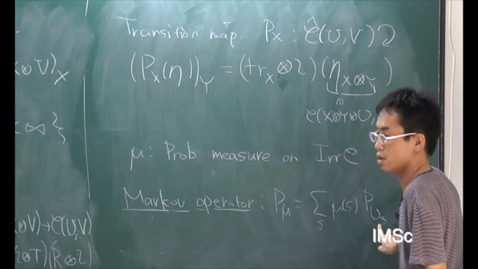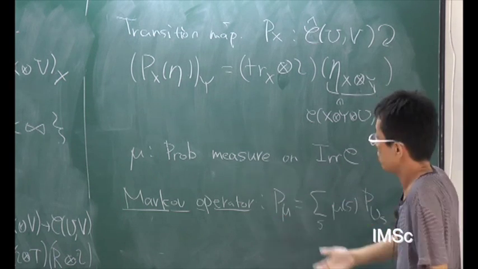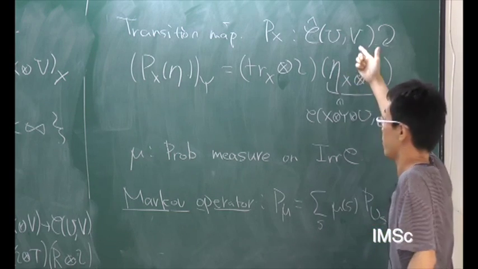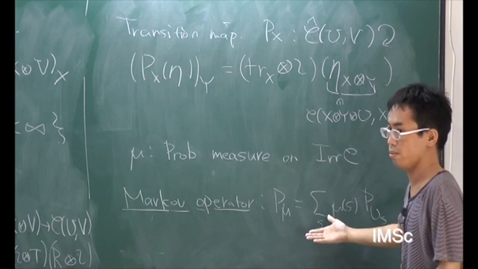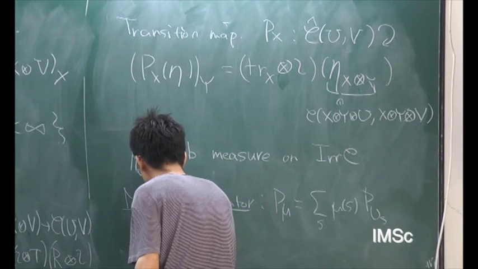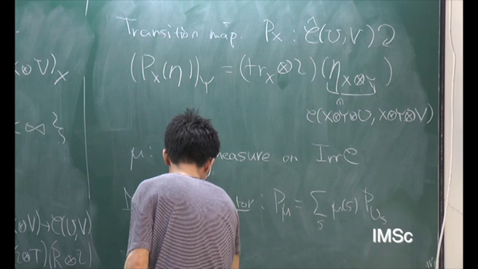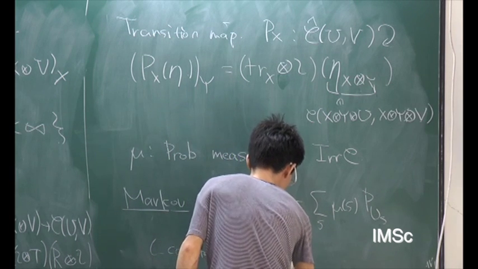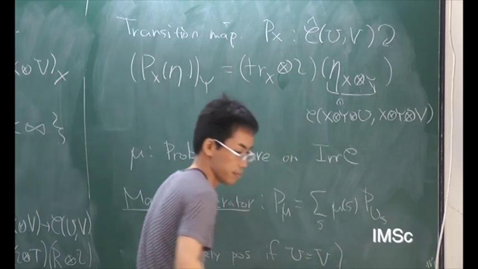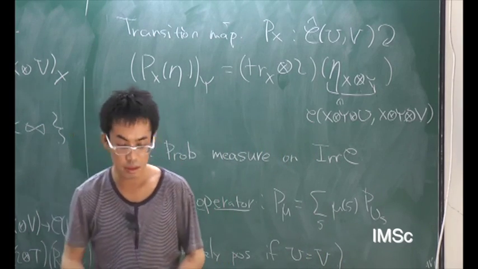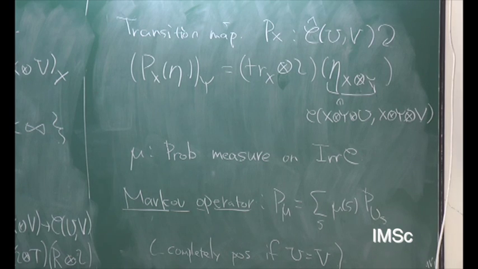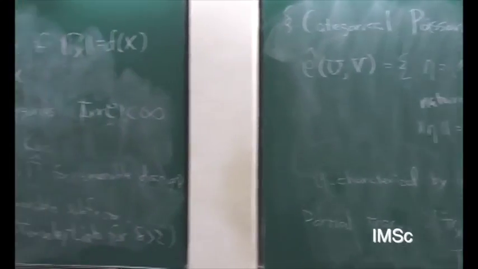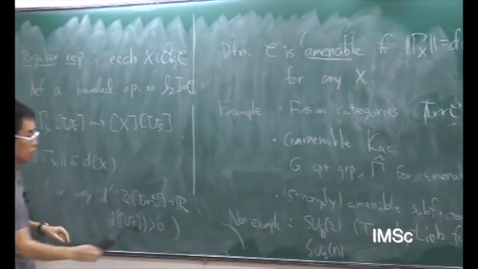Each of these P_{u,s} is a completely positive map, and this is just a probability measure. So if u and v are equal, then this is another completely positive map. Okay. So this is the Markov operator. And the harmonic elements, the analog of harmonic functions, are just the things fixed by this Markov operator.